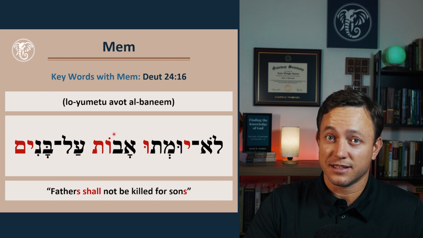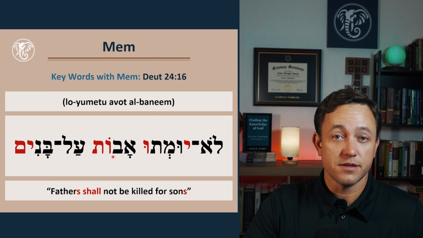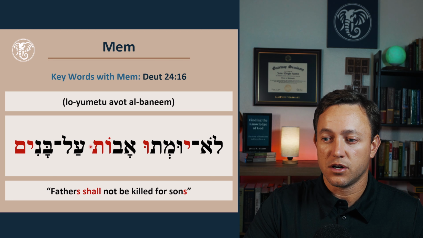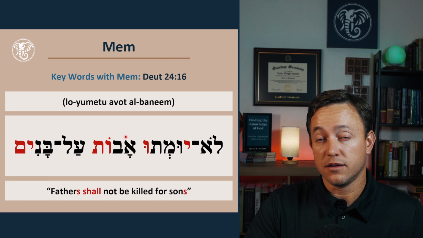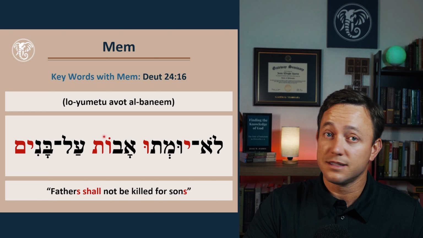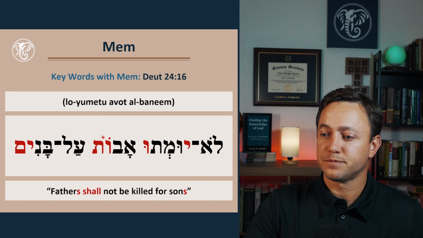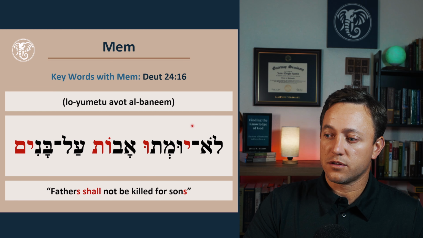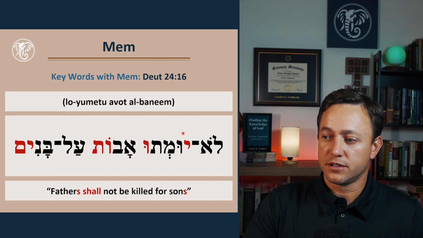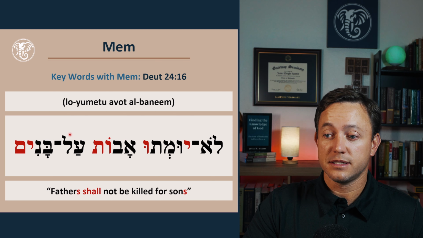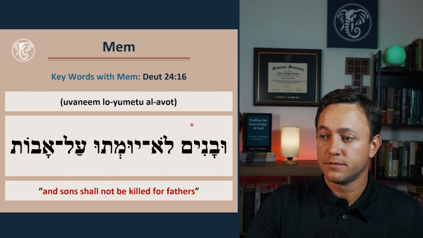And this does make things complicated. But thankfully, av is a relatively common word, and so you just have to remember that avot is the plural of av, even though this is technically a feminine ending. All right. So in other words, fathers shall not die or be put to death on account of sons.